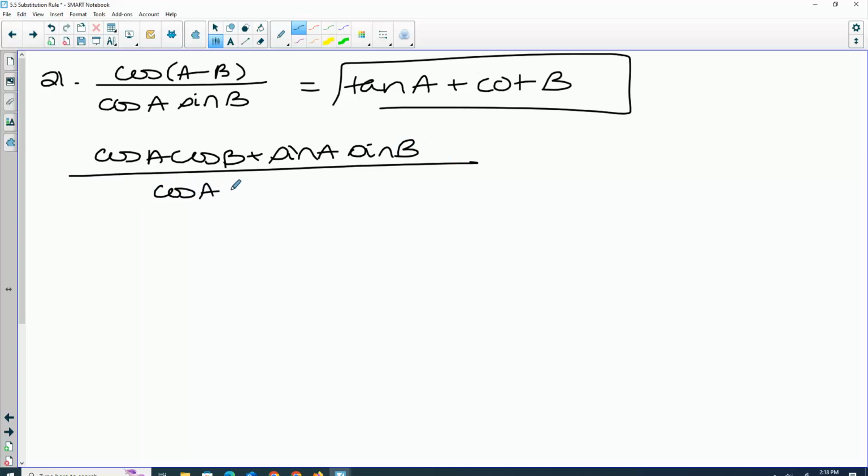The bottom we don't need to do anything to. And now we can see there's two terms on top and only one on the bottom, so we could break them up and put each one over the denominator.